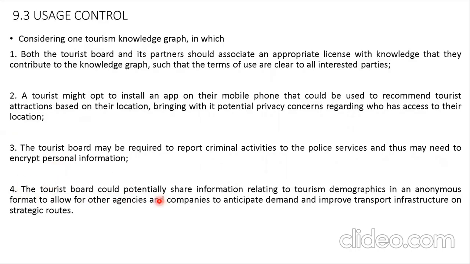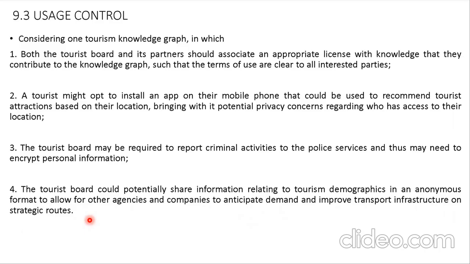And the tourist board could potentially share information relating to tourism demographics in an anonymous format to allow other agencies and companies to anticipate demand and improve transport infrastructure on the strategic roads.